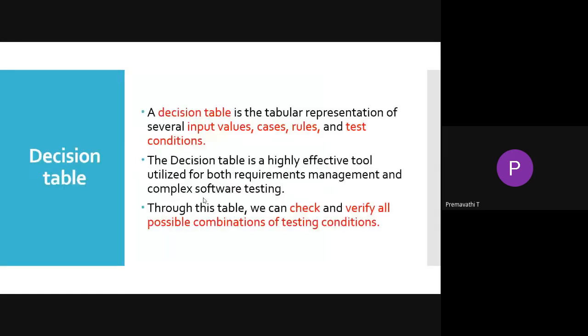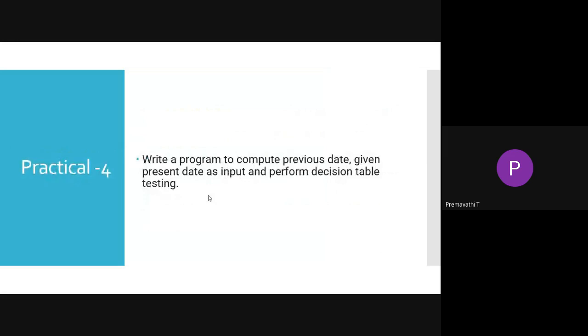Listen, sorry for the delay. Your program is that you have to find the previous date. Whatever the year, you have to enter it as an input. For example, when you take the date January 1, 2000 as your input, then you have to find the previous date, because the year will vary.